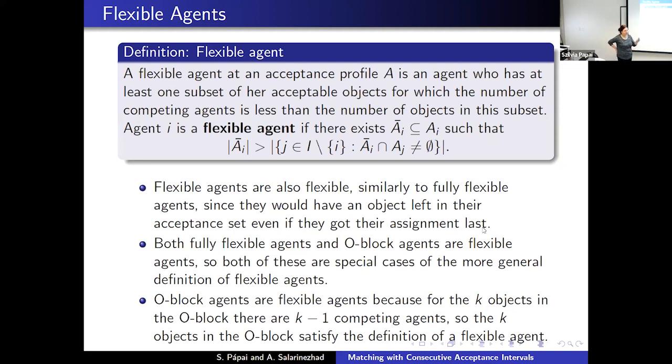But if it's equal, so the competing agents are the other agents who are competing. If it's equal, then they could pick all of them. So it has to be at least one less. Oh, right, excluding itself. Yes, if I have 4 objects and I have 4 competing agents, and they all come before me and pick exactly those 4, then I'm out. But if I only have 3, then they can pick whatever they want because I will still have 1 left. So yes, it has to be strict.